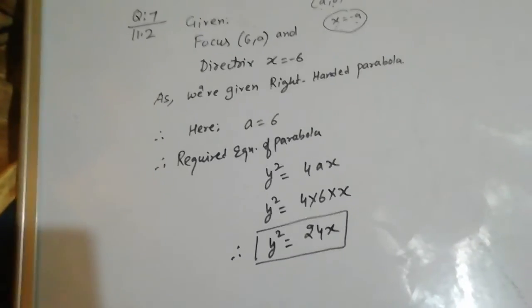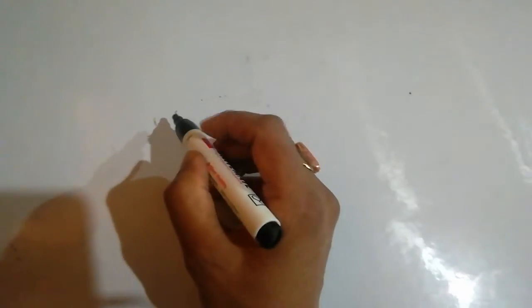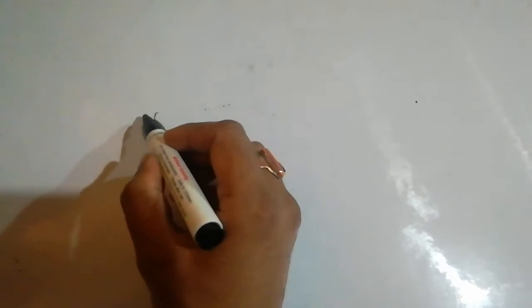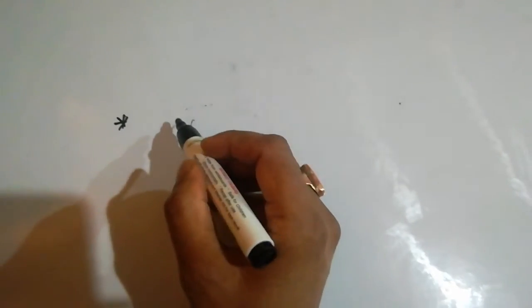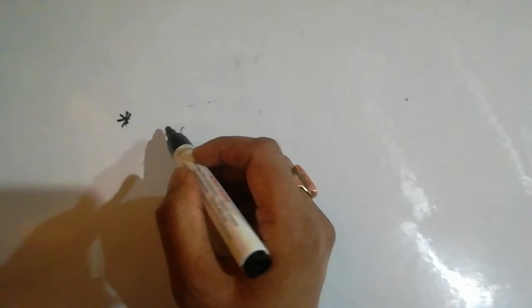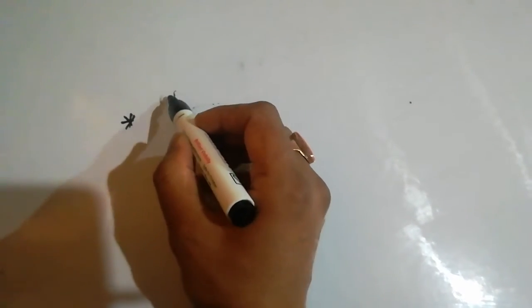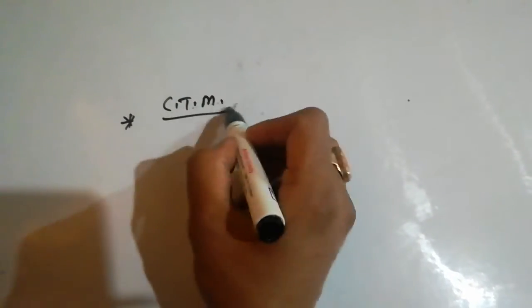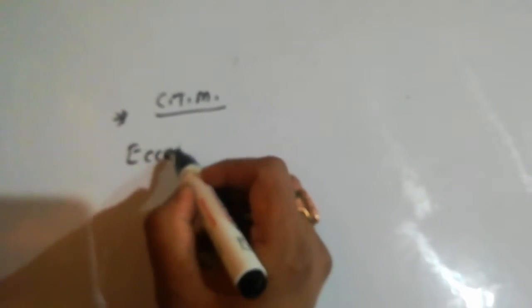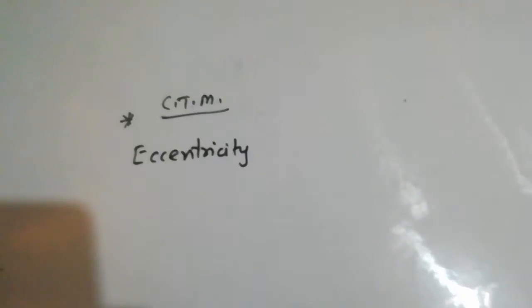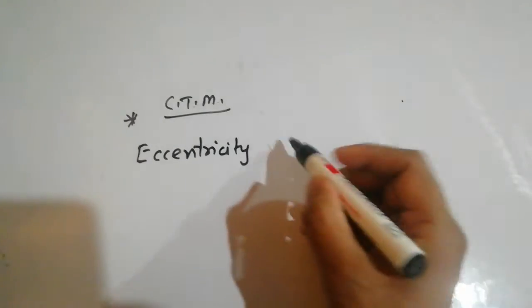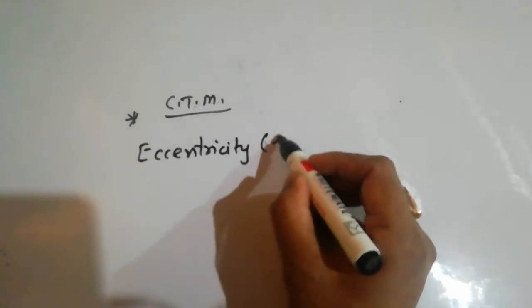Now I'm going to explain one more very important thing, for 1 mark questions and for your competitive exams. This is very important: the eccentricity. So here I'm writing eccentricity, which is denoted by e.